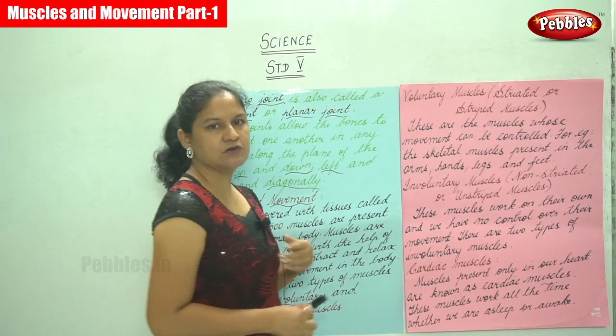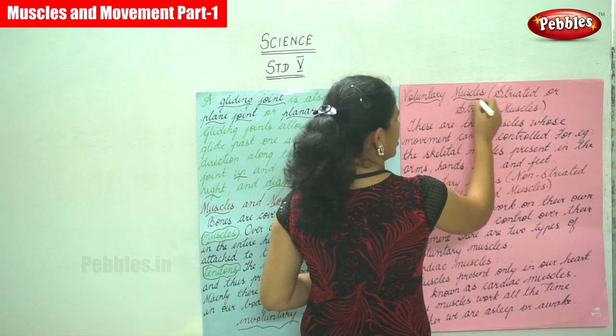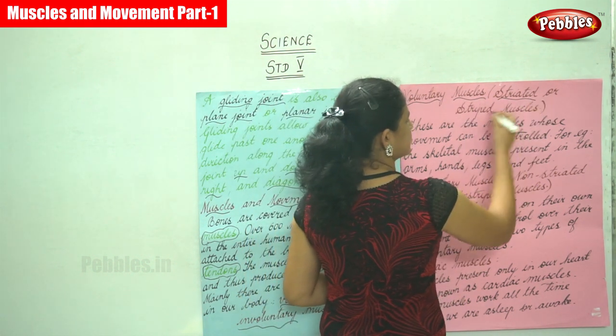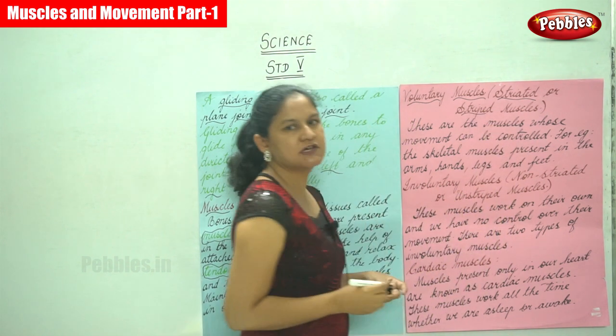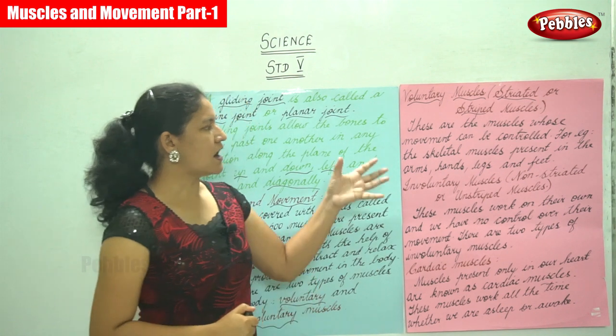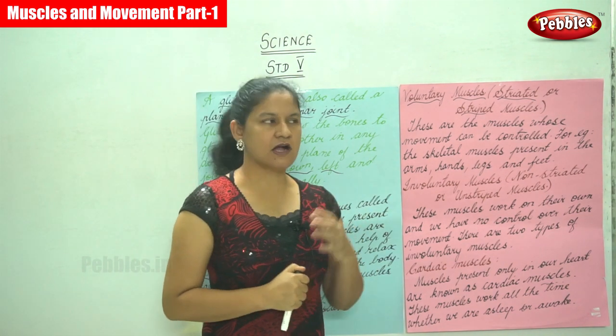Talking about the voluntary muscles in detail, voluntary muscles are also known as your striated or your striped muscles. The voluntary muscles are muscles whose movement can be controlled.